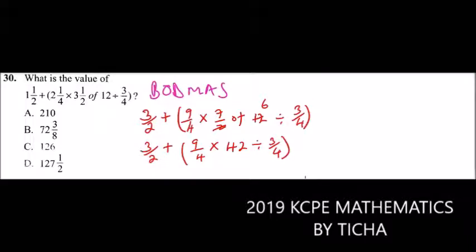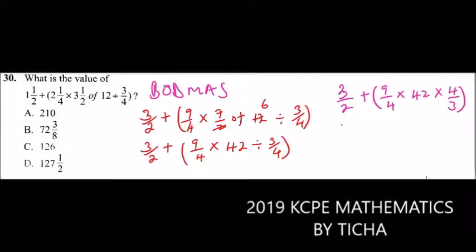So we go to division. So we will divide 42 by 3 over 4. Then our expression will be 3 over 2 plus into bracket 9 over 4, you multiply by, this will be 42 multiplied by 4 over 3.